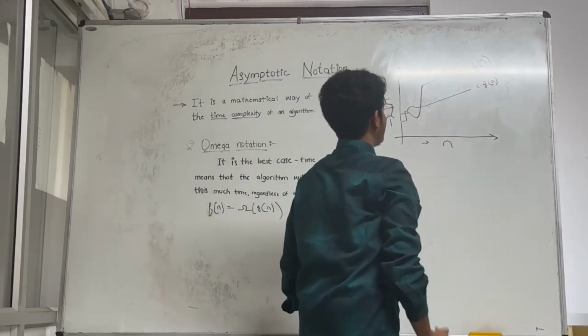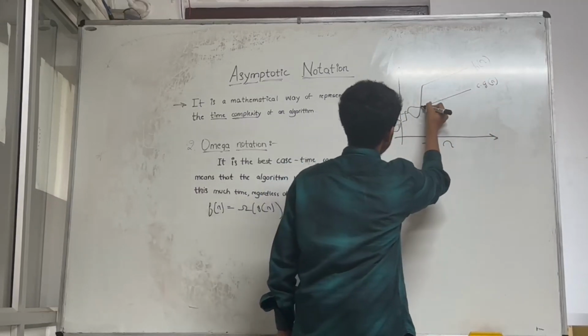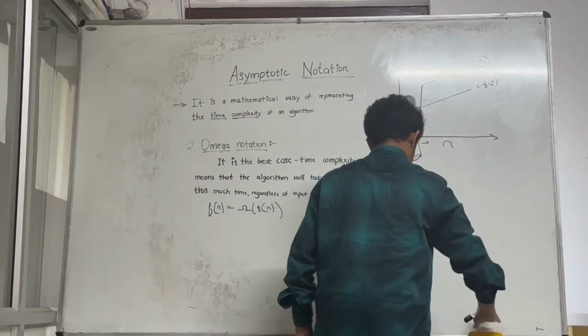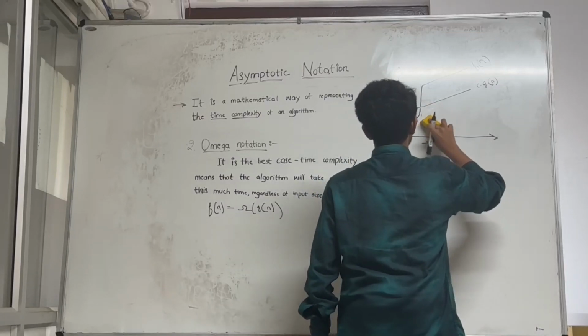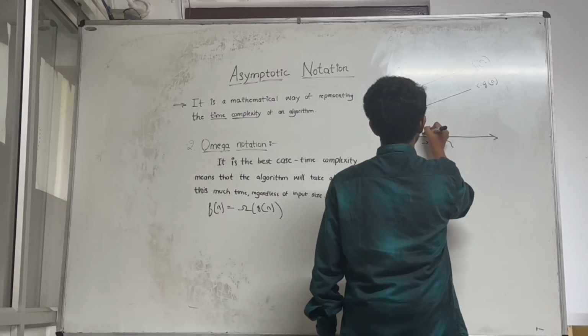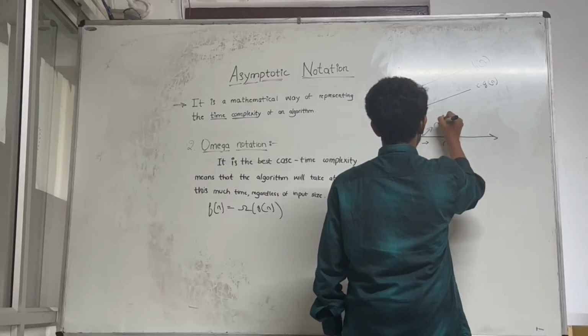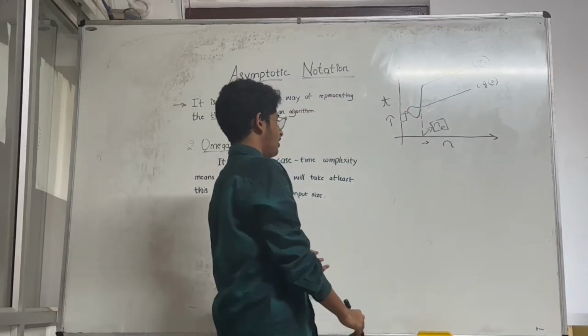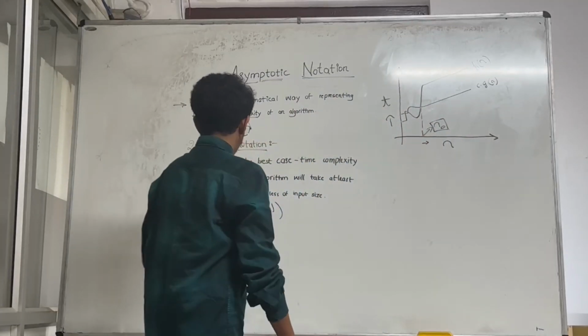This line represents the equation f of n, and this point of intersection is called n0, and n0 is always a positive integer.